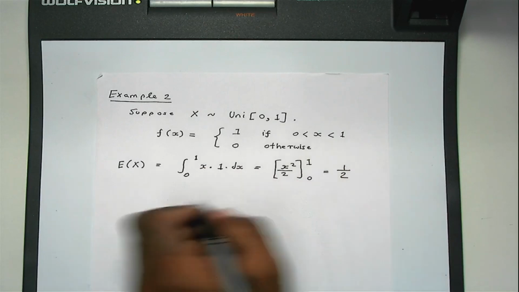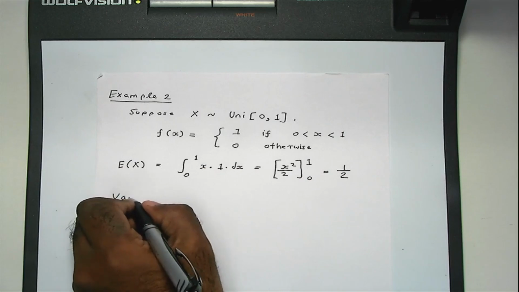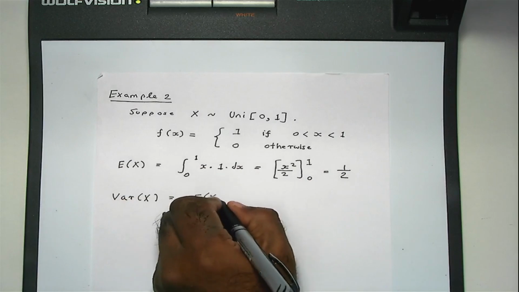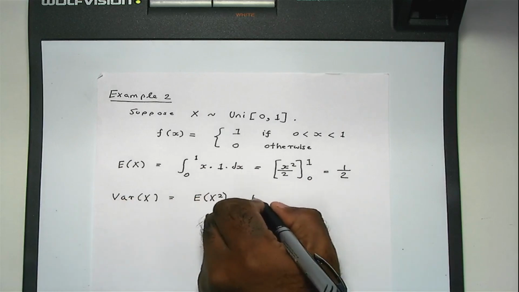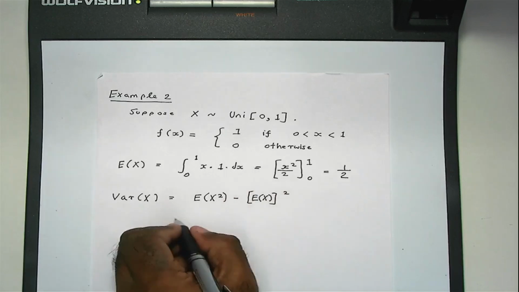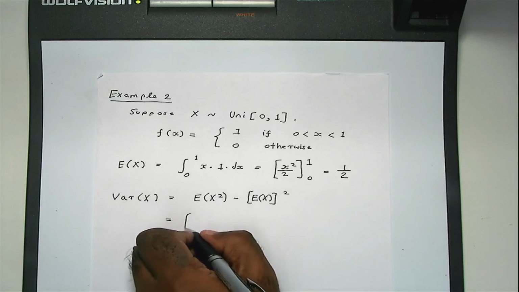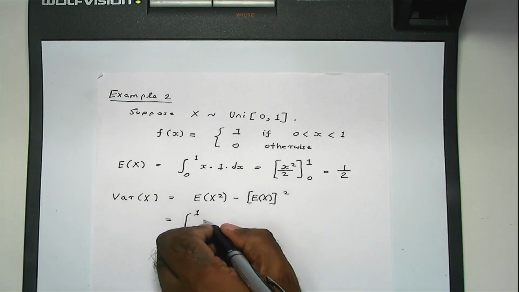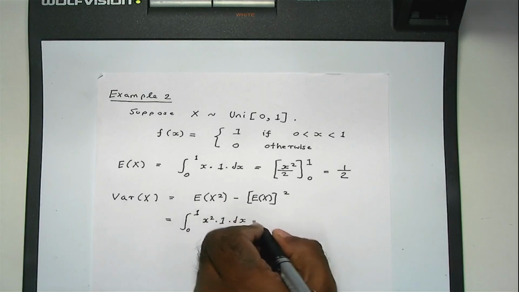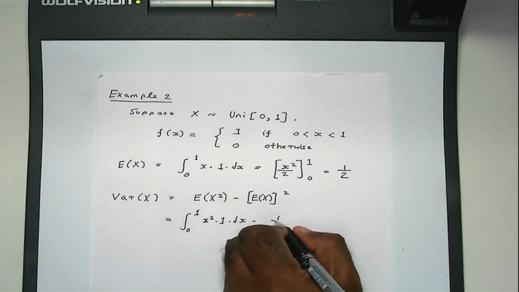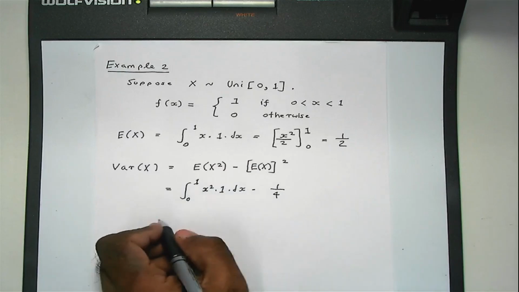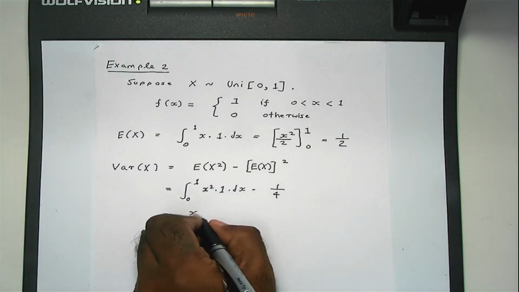Next is the variance of x. Once again, I'm going to use this formula. So this is the integral from 0 to 1 of x squared times 1 dx minus the square of this, which is a quarter. Right? Now if you integrate this, guys, you get x cubed by 3.